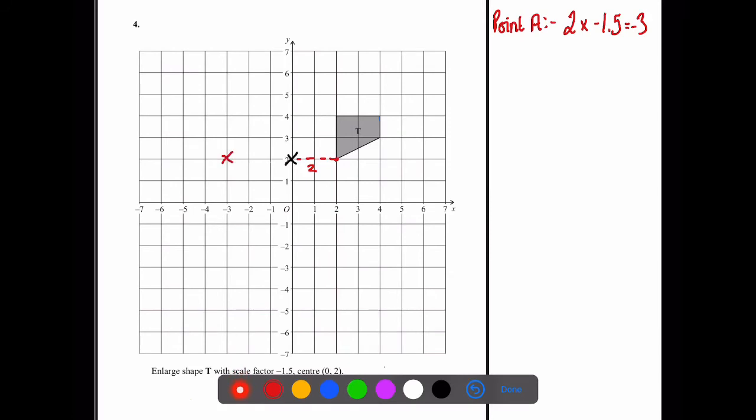All right, so then we're going to figure out our second point, which is going to be this one. For this one, we've gone across 2 and up 2. So point B then, nice and easy, 2 times minus 1.5, minus 3, and another 2 times minus 1.5 is another minus 3.